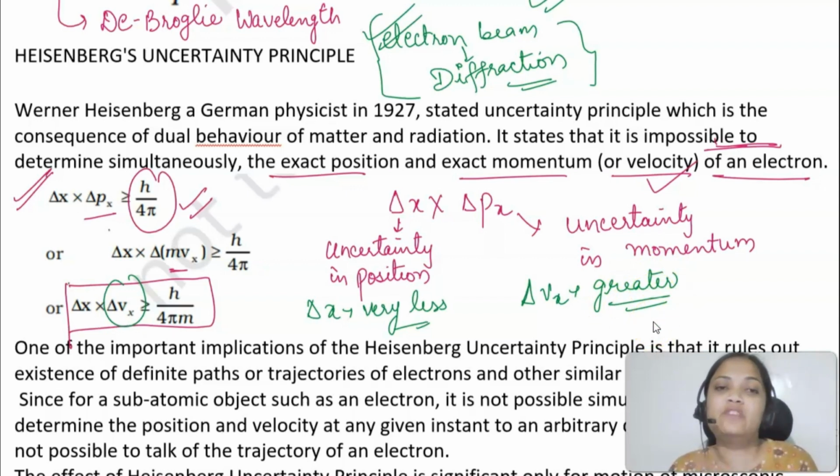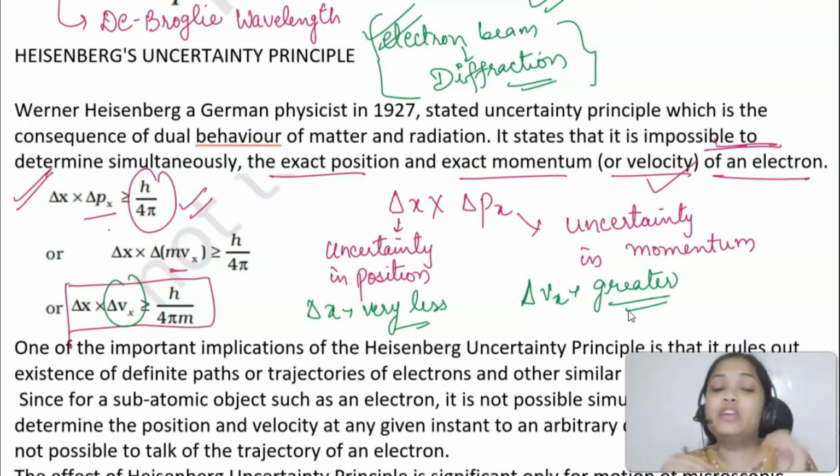If delta vx is small, meaning the velocity is measured with accuracy, then delta x would be more. It means simultaneously we cannot tell the exact position and exact momentum with accuracy. There will be a blurred picture.